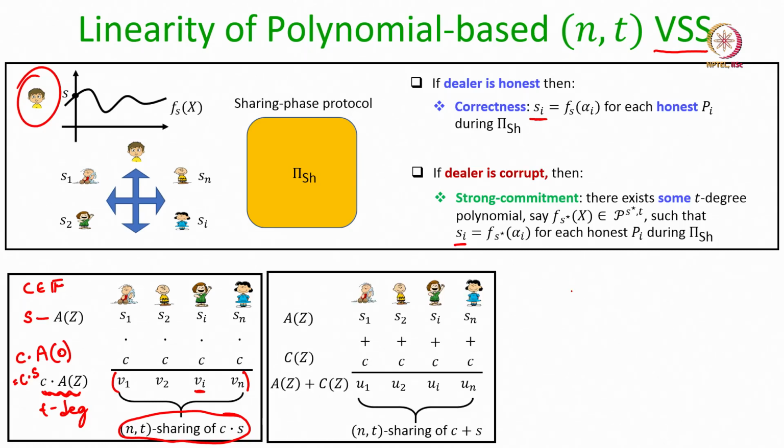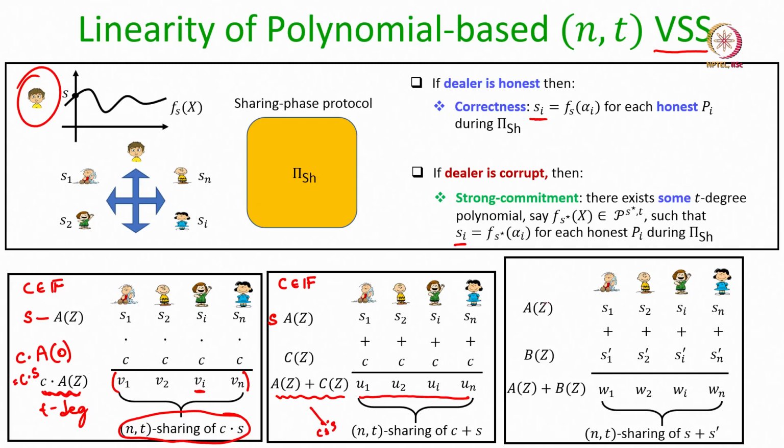In the same spirit, if we have a value s which has been secret shared using this polynomial based VSS, and if there is some value c from the field and every party adds its respective share of s with the value c, then we obtain a vector of values where the party Pi will have the ith component of the vector, and together this vector constitutes an NT secret sharing for the value c plus s, because this new vector of values lies on a new t degree polynomial, namely this polynomial A plus a constant polynomial c, and the constant term of this new t degree polynomial is c plus s.